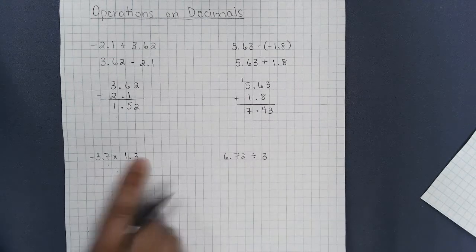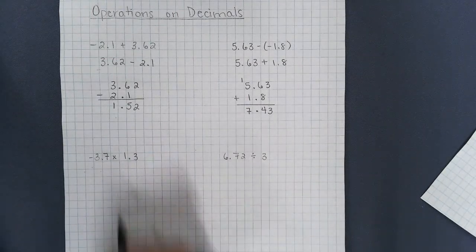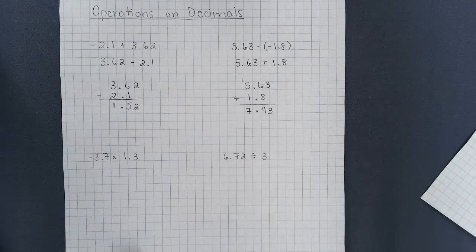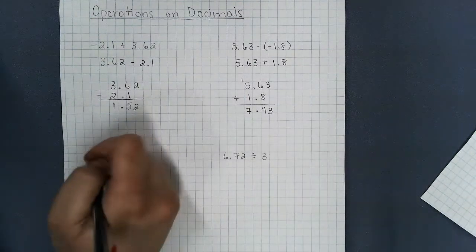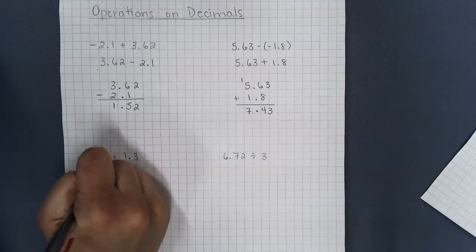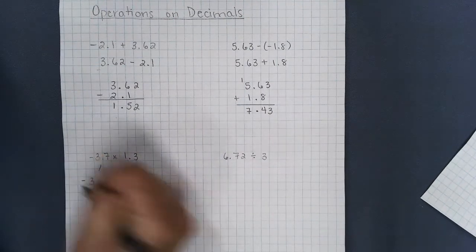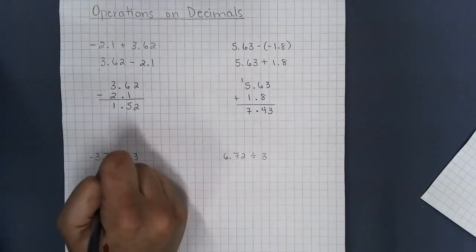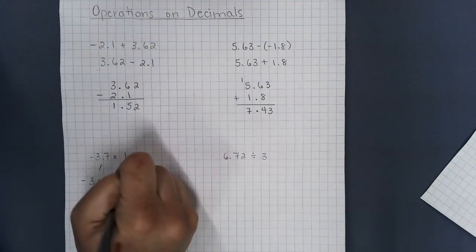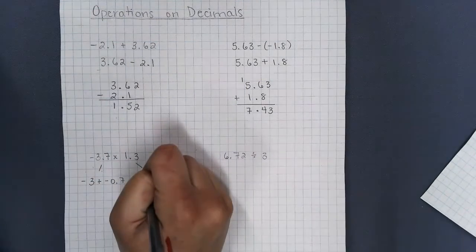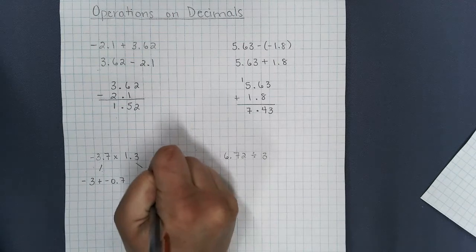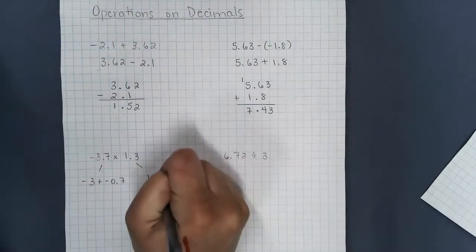Down here, I'm multiplying, and I think the easiest way is to use distributive property, but you can stack and multiply if you prefer to do that. So I know that this number is going to be 3, well, I guess it's a negative 3 plus negative 7 tenths, and this number here is going to be positive 1 plus 3 tenths.